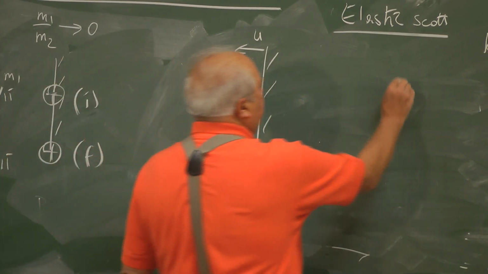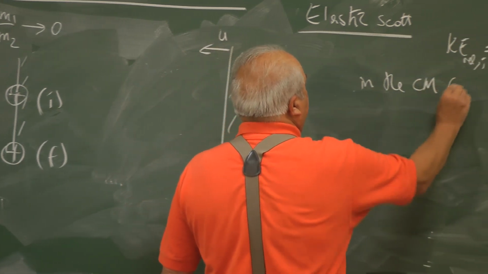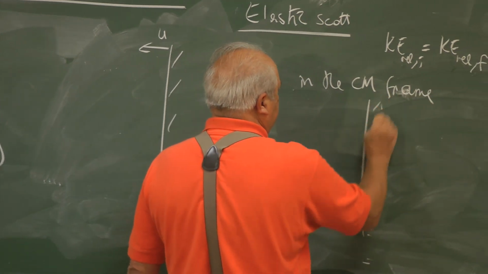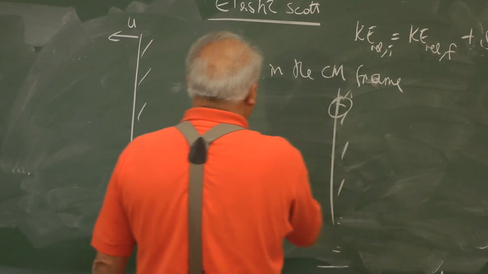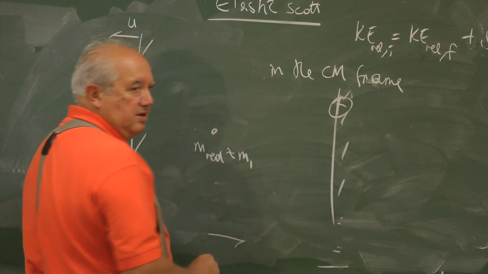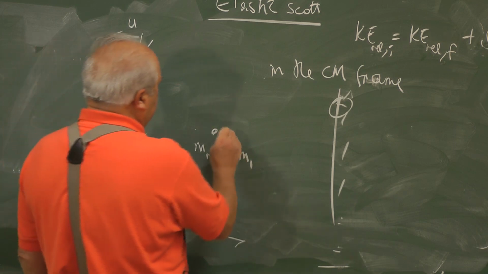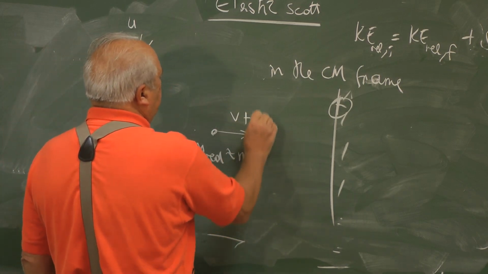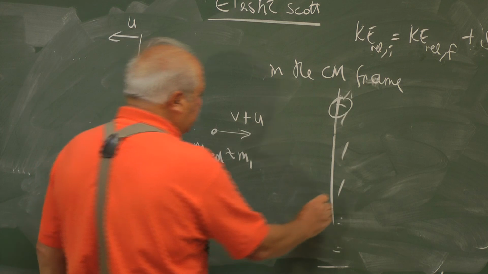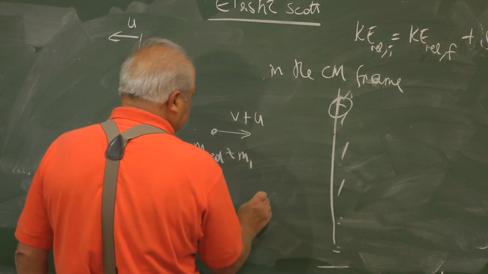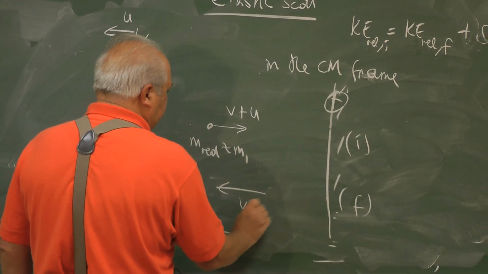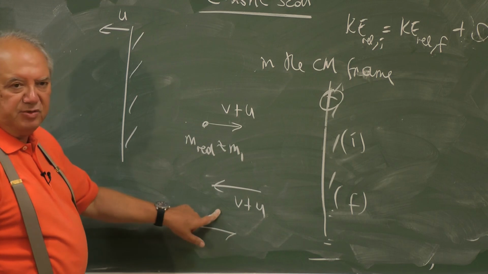So in the central mass frame, wall is at rest, but the particle, M reduced, which is the same thing as M1 we just showed, is coming to you with V plus U. Because it is elastic scattering from the wall, this is the initial, and in the final stage, it is going back with V plus U. This is in the central mass frame.